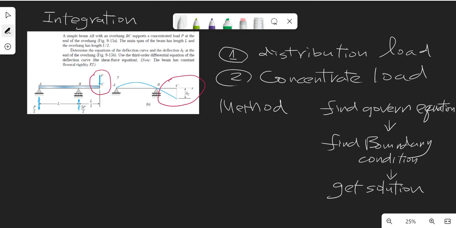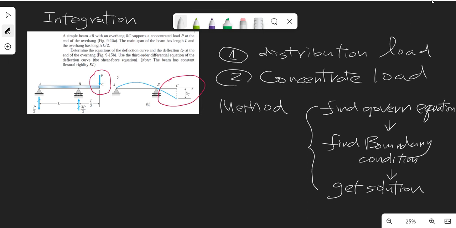So only three procedures, and you can get the solution. So very easy. But I think it is more complicated for the concentrated load, and maybe easier for the distributed load. Okay, let's start.